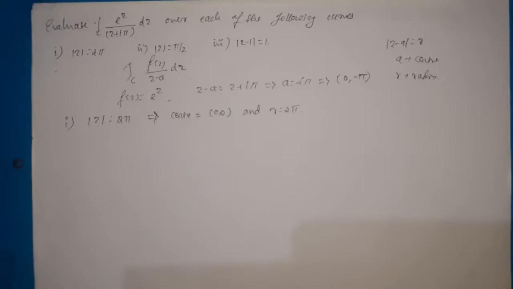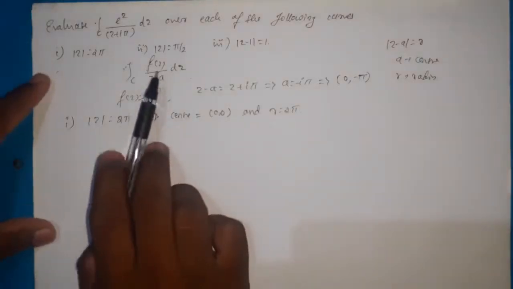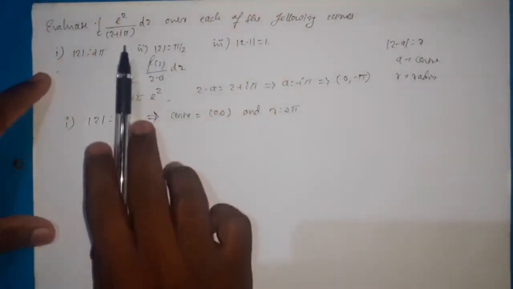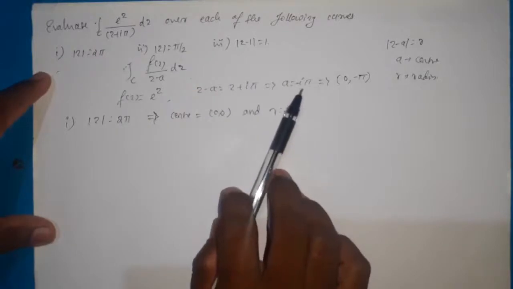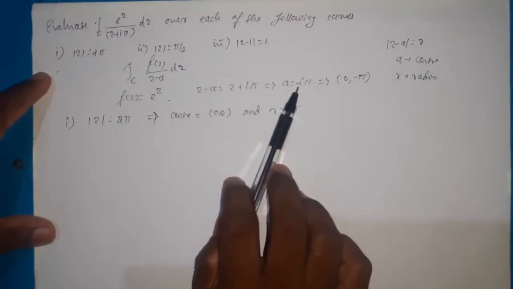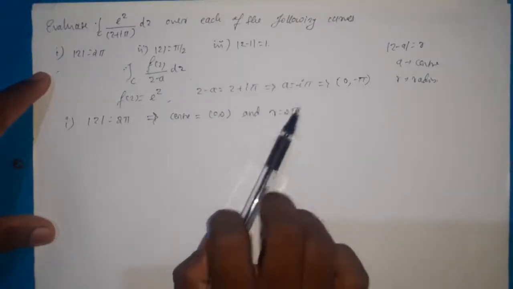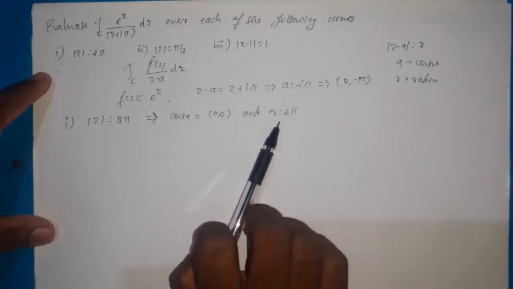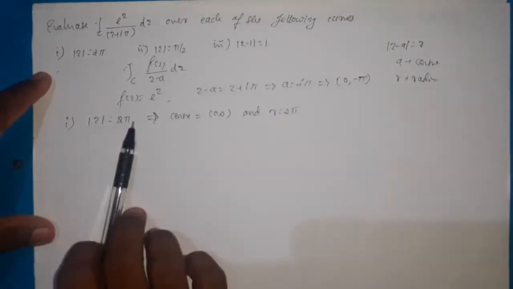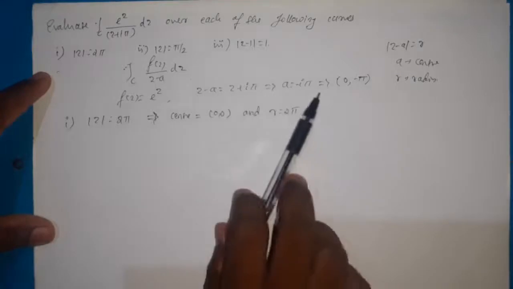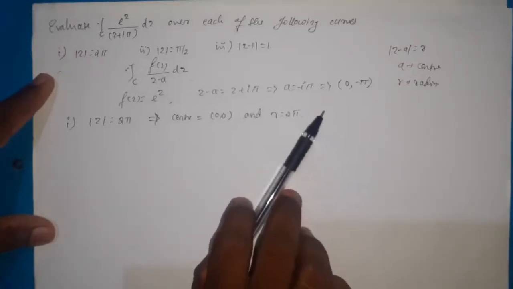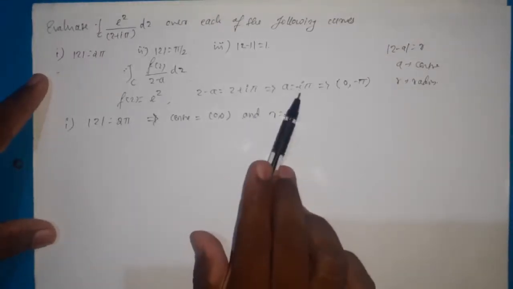So therefore here now we need to check whether the point a that we have chosen from the given integral should be inside the given curve. If it lies inside the given curve, mod z equal to 2 pi, then we can evaluate the value of the integral at a.